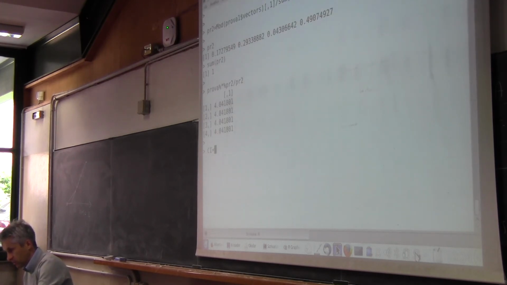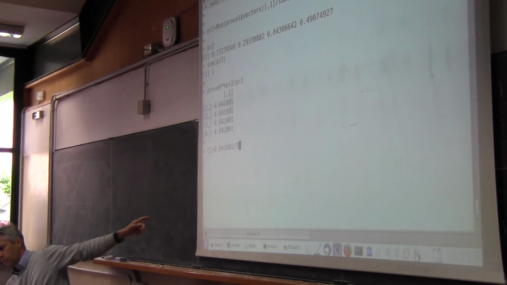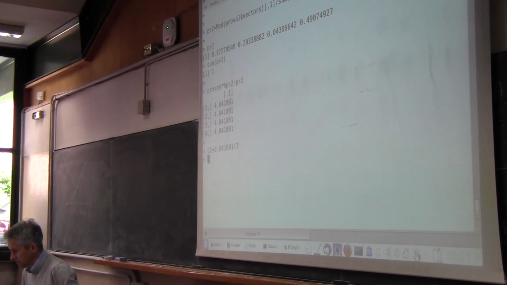CI is equal to, let me copy it, 0.041801 divided by 3. Basically, I took 4.04 minus 4 divided by 3. This is CI. And then I go back to the document.